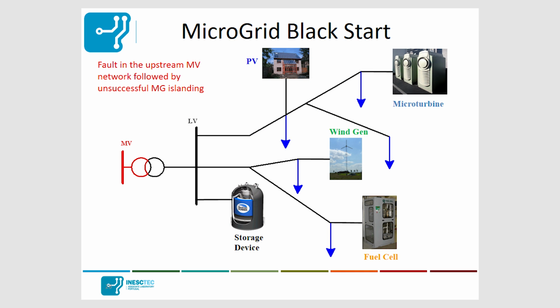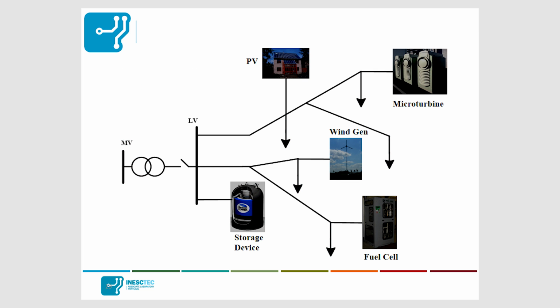I have here now an animation just to show you how this may happen. So let's suppose that we have a fault upstream in the medium voltage network, and the system collapsed completely. So it is a black start. What is necessary to be done afterwards is, as I said, to disconnect all the microturbines, all the loads, everything should be disconnected from the grid.